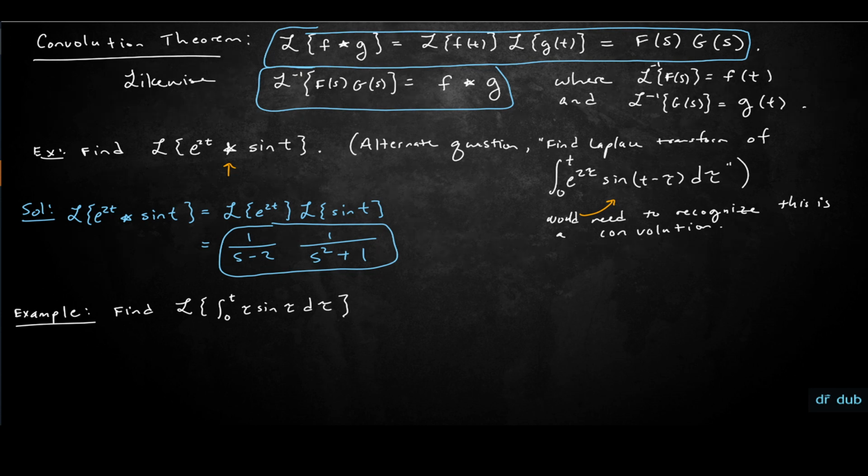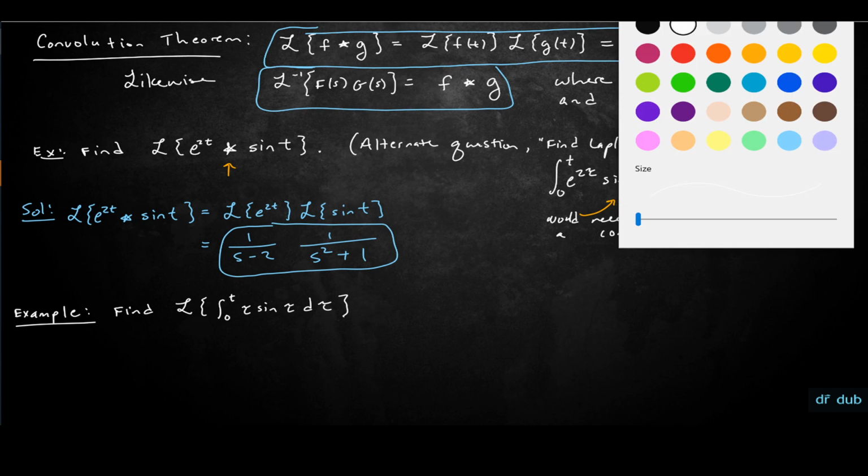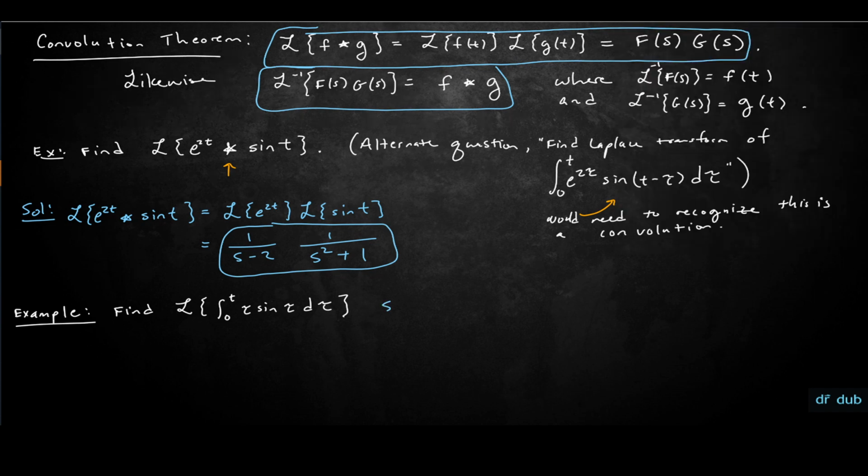Well, here it's like I only have an f and I don't have a g. So solution, we see f of t, or f of tau we should say, is tau sine tau, which is equivalent to saying f of t is t sine t.